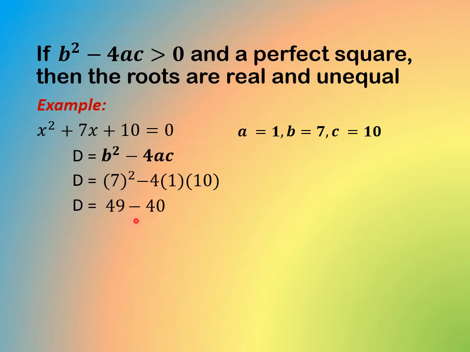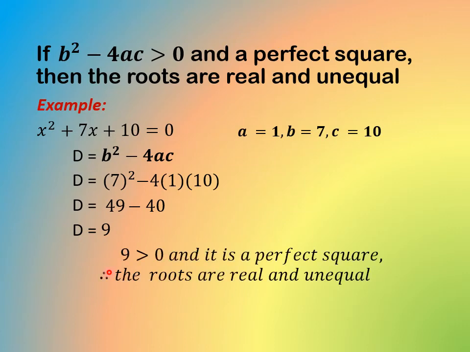So, 49 minus 40, that is equal to positive 9. And 9 is greater than 0. And 9 is also a perfect square. Okay? Therefore, the roots of x squared plus 7x plus 10 is equal to 0 are real and unequal.